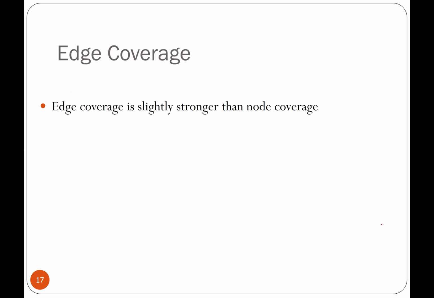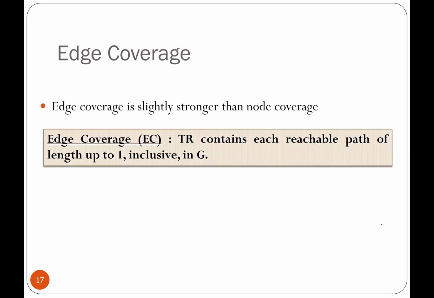Next up, we have edge coverage. Edge coverage is a little stronger than node coverage, and in edge coverage, the test criterion says each reachable path of length up to 1 inclusive.